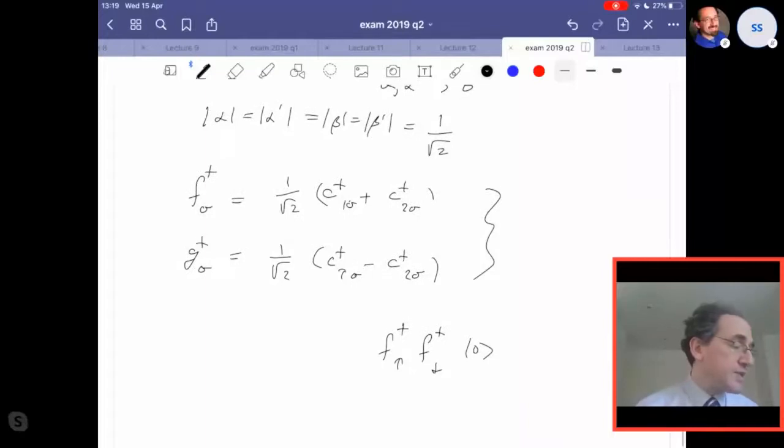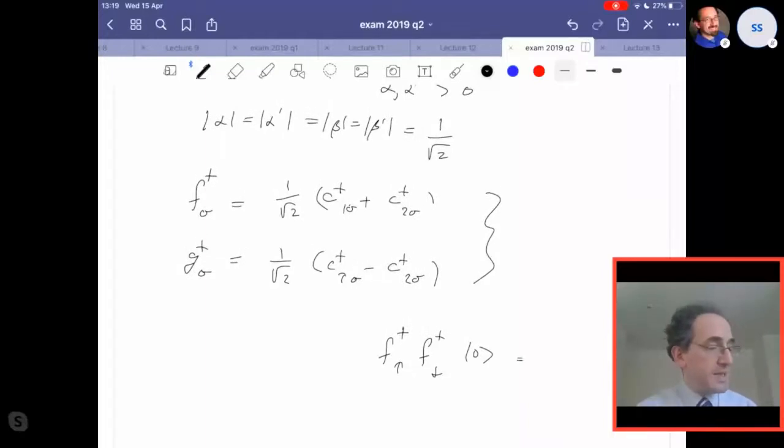But okay, let's assume this is the Hartree-Fock ground state in this case, and the question is, can that ever be exact? Is this exact for U not equal to 0 and t not equal to 0?